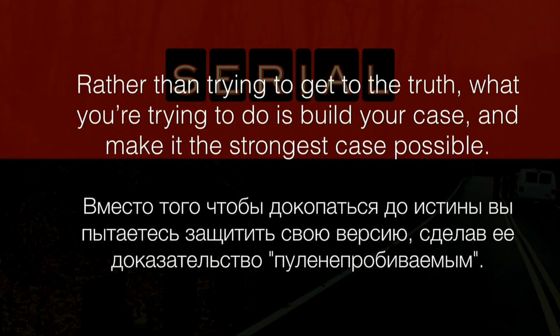Rather than trying to get to the truth, what you're trying to do is build your case and make it the strongest case possible. But how can it be a strong case, and how can he be a great witness if there's stuff that's not true or unexplained? And the comeback is that there's always going to be things that are unexplainable.